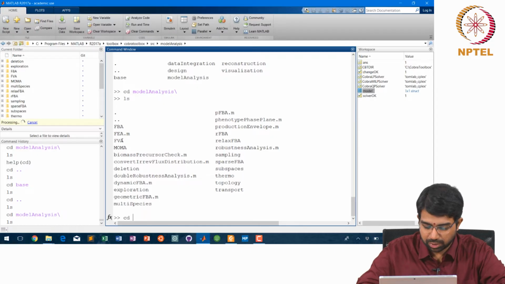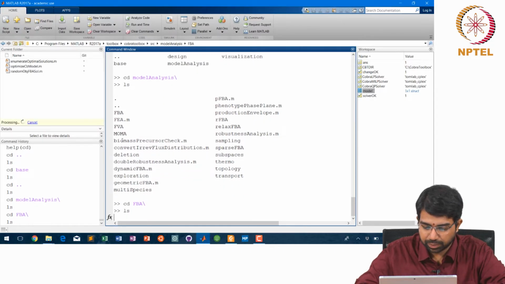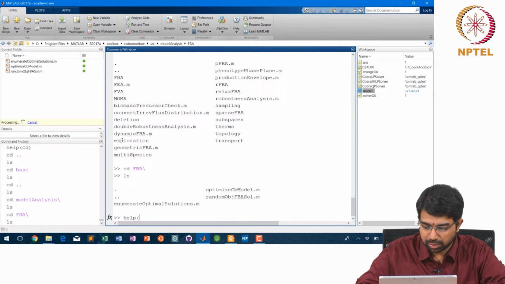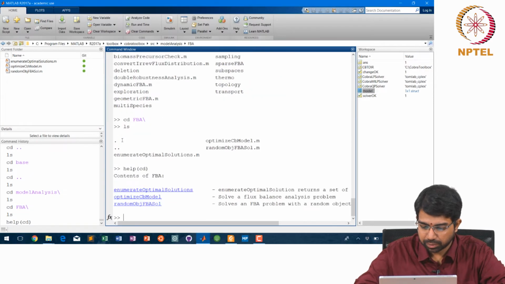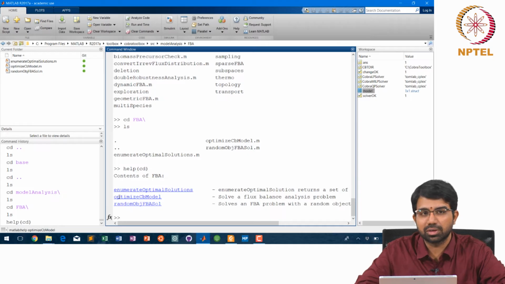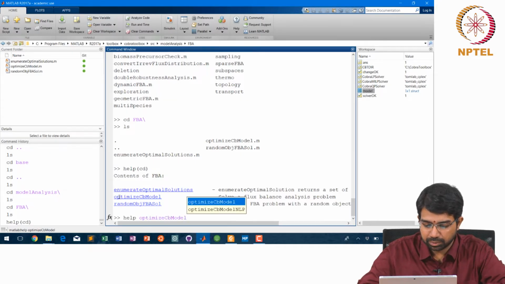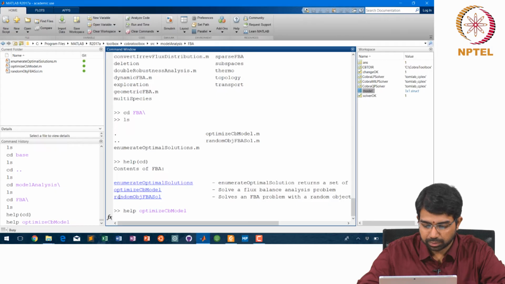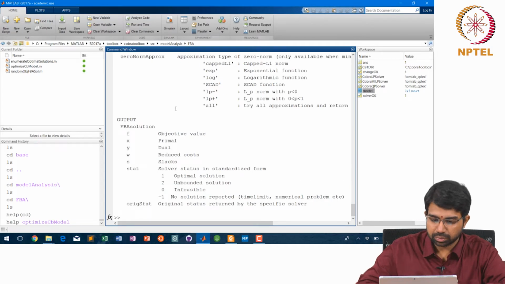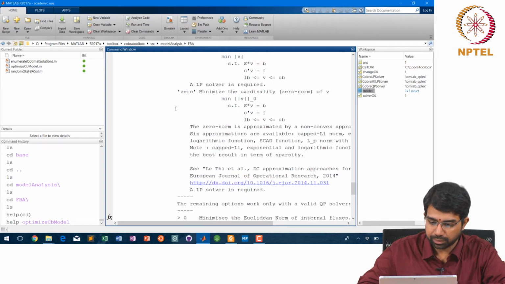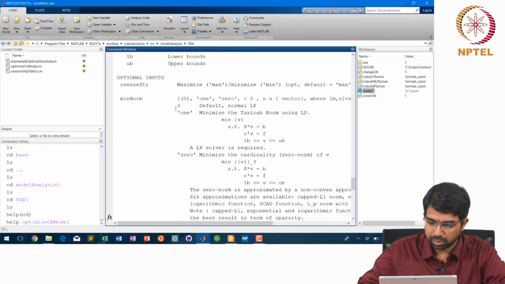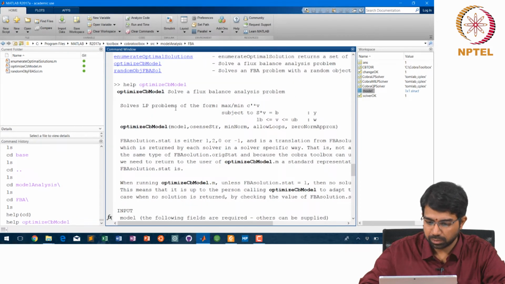So, if you go inside FBA, this is the most important function by far, optimizeCbModel, and let us look at the help.